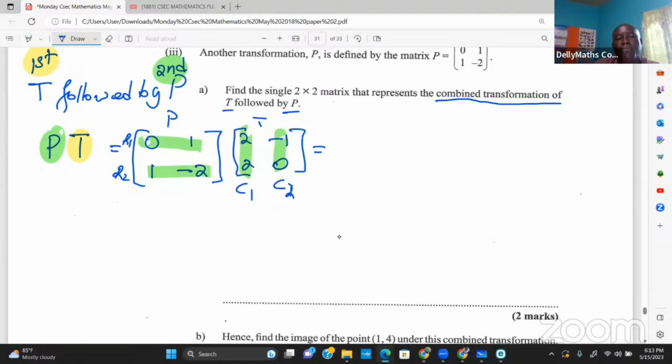So we're going to go row 1, column 1. So we're talking about 0 times 2 plus 1 times 2, right there. Row 1, column 2: 0 times -1 plus 1 times 0. Then row 2, column 1: 1 times 2 plus -2 times 2.